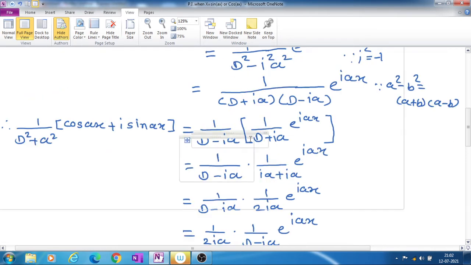Now, we have studied e raised to ax type, capital X is equal to e raised to ax.